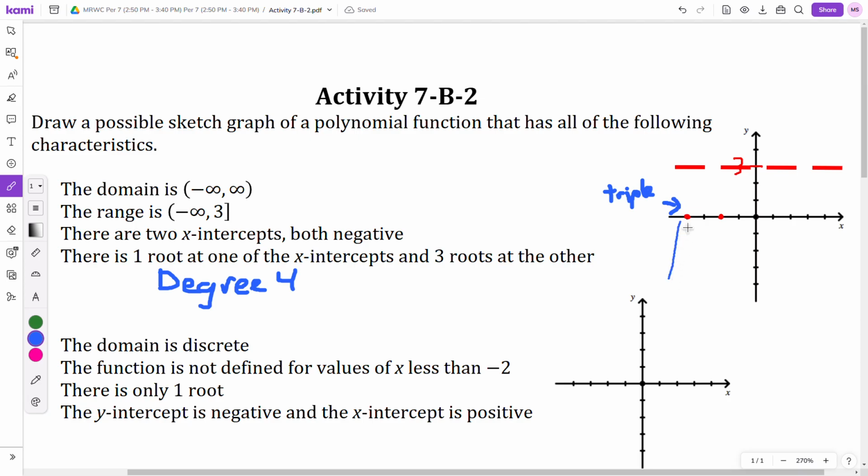So we can go up and through. No. I bent too early. I didn't want to bend so early. So it does this. It goes all the way to 3 and comes down and does that.